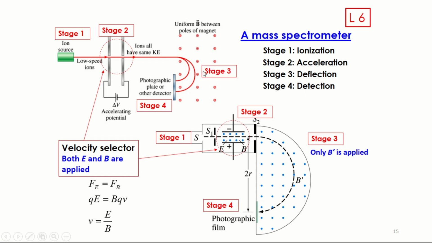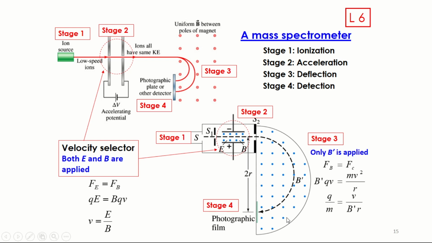Stage 4 is detection, with a photographic plate or other detector. In stage 3 we have only the magnetic field, and the ion moves in a circular, semicircular motion.